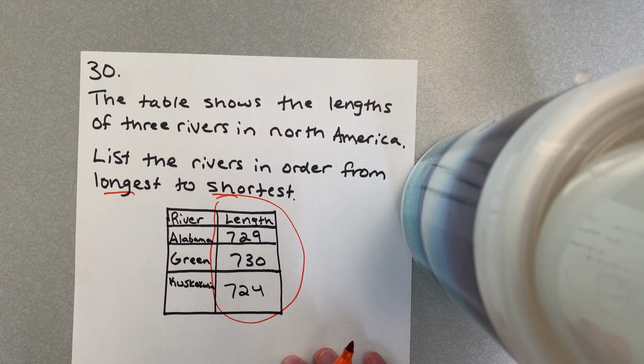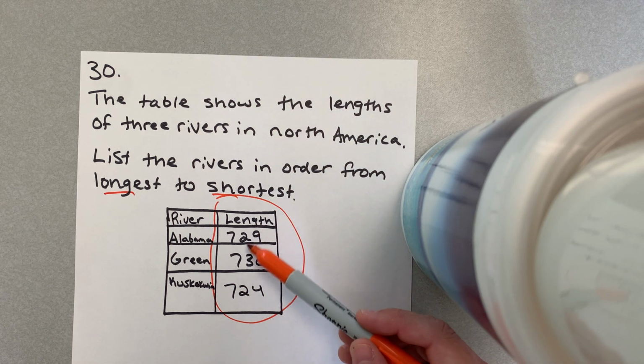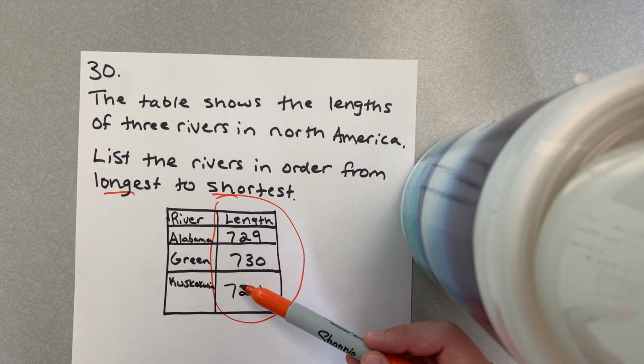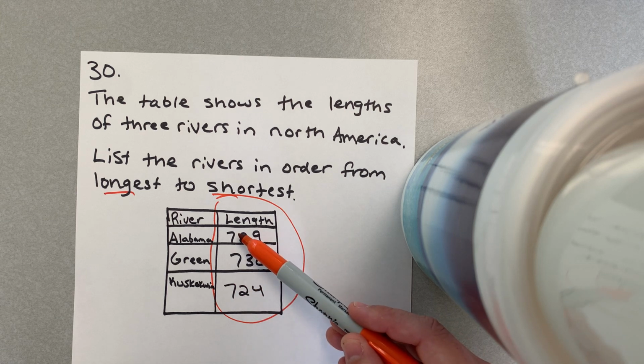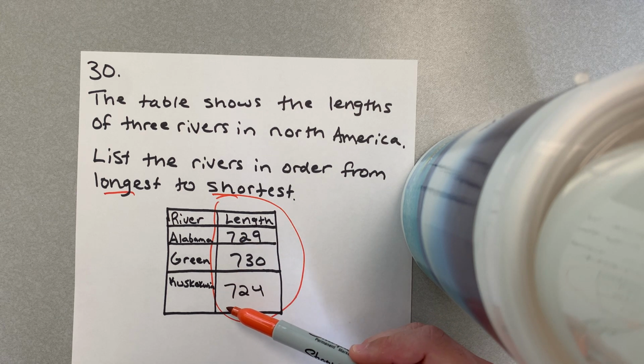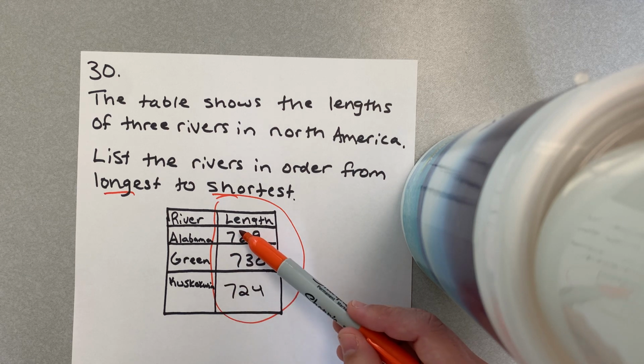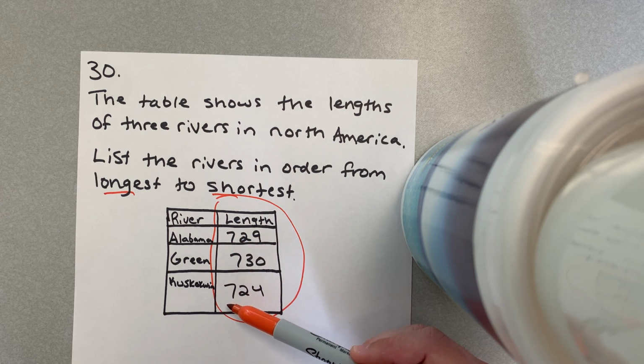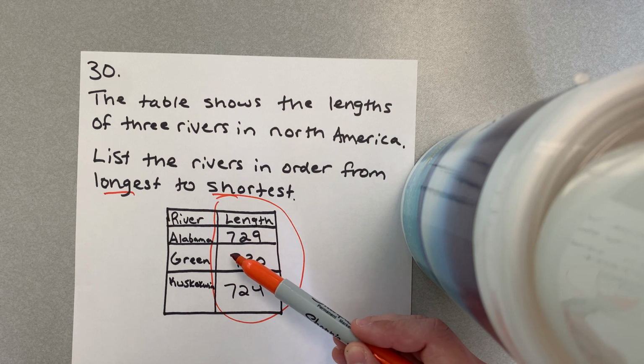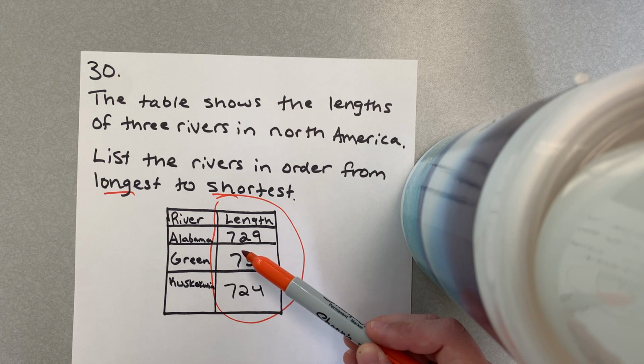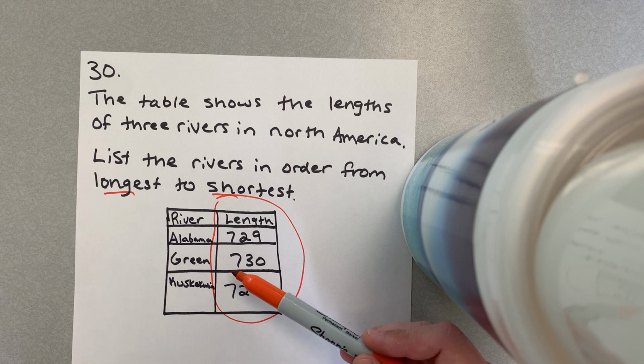So I'm looking at my lengths here, and I'm looking at which one is the biggest. Well, actually all 3 of my numbers have 700 in my hundreds place. So I have a 7 here, a 7 here, a 7 here. I'm then going to go to my tens to see what the next greatest number is.